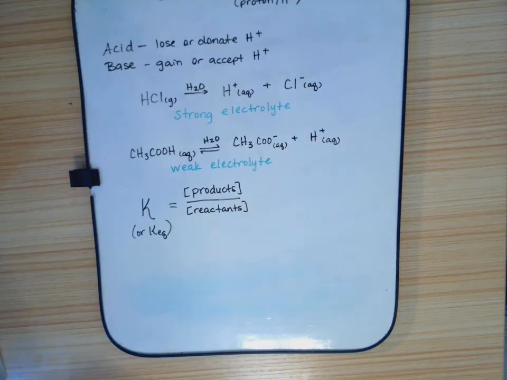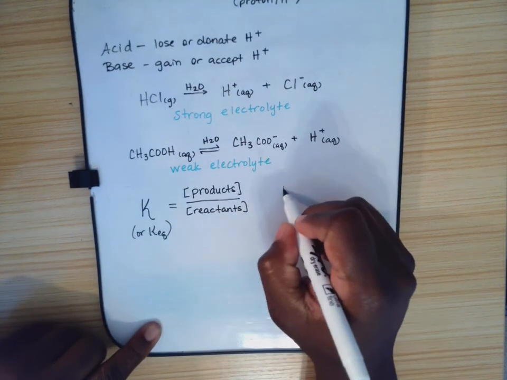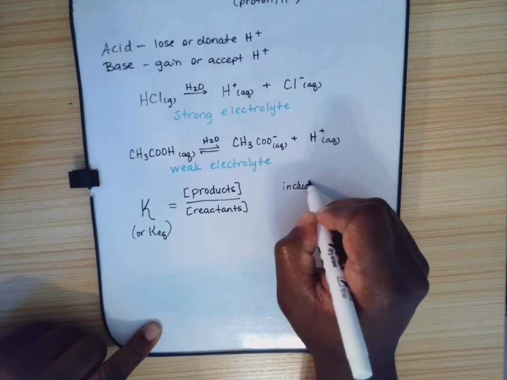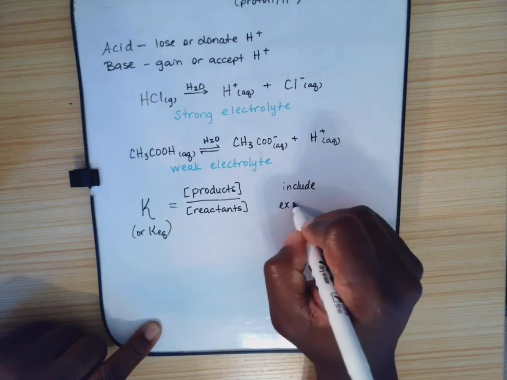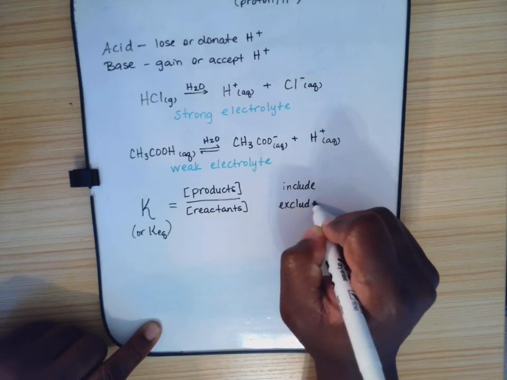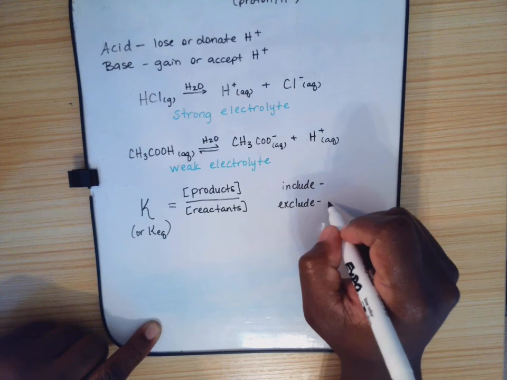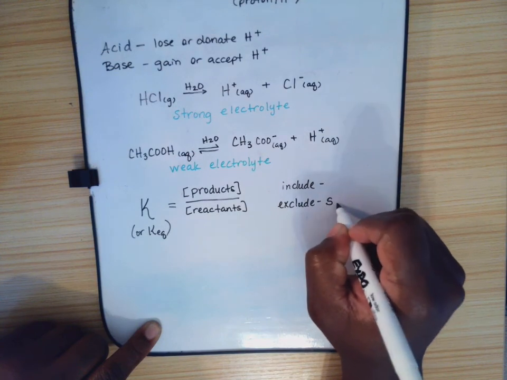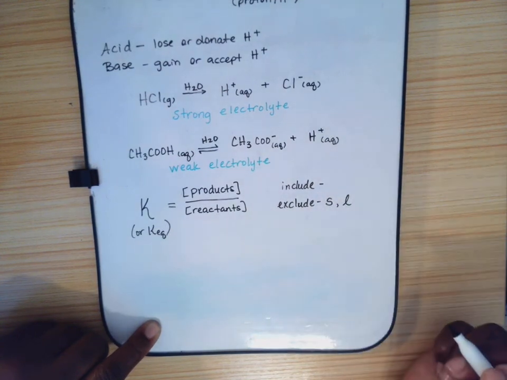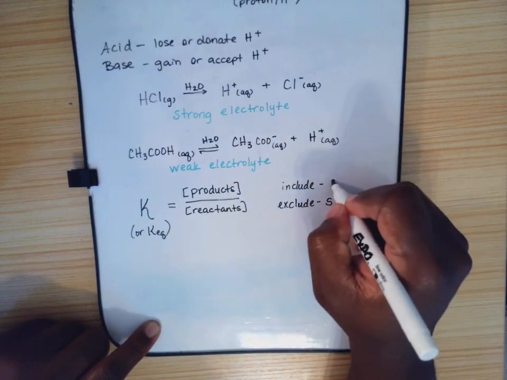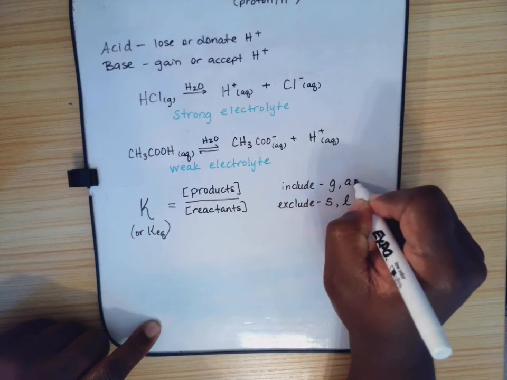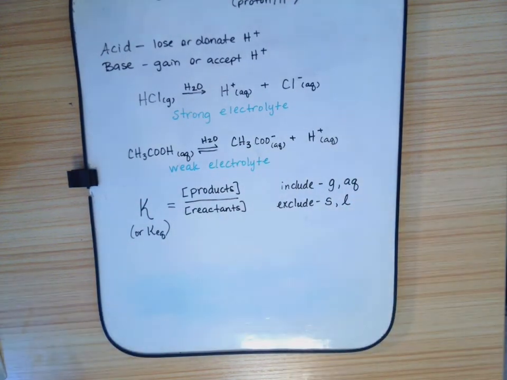When looking at equilibrium, only certain physical states are included; the others you would exclude. If you have a pure solid or a pure liquid, those are excluded. The only physical states that you would include are going to be in the gas phase or the aqueous phase.